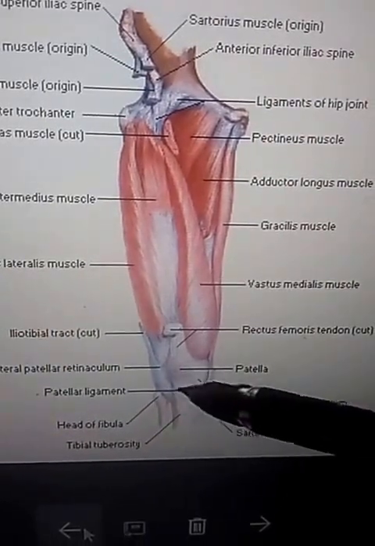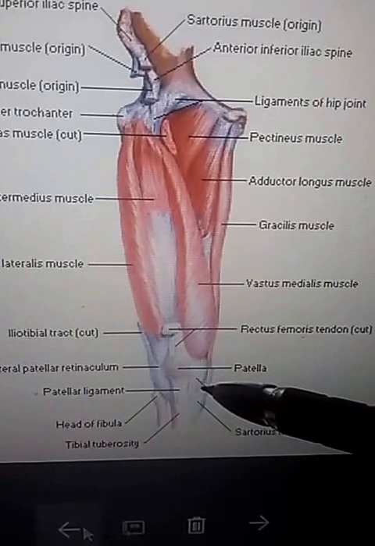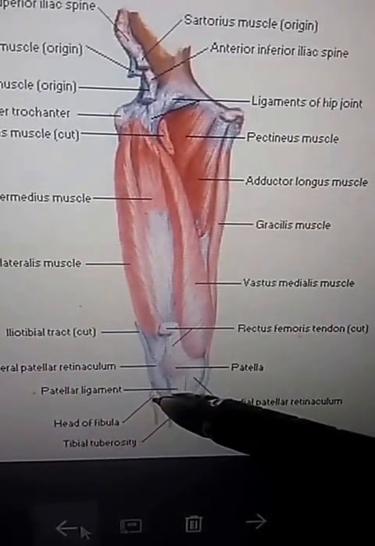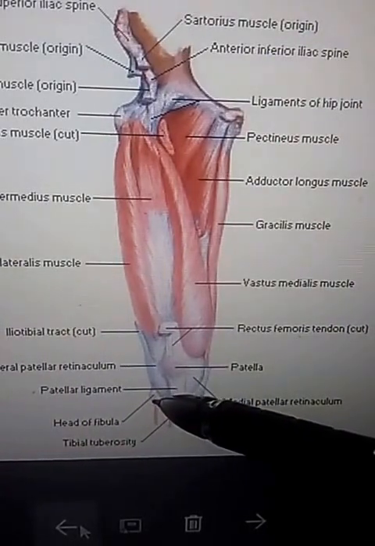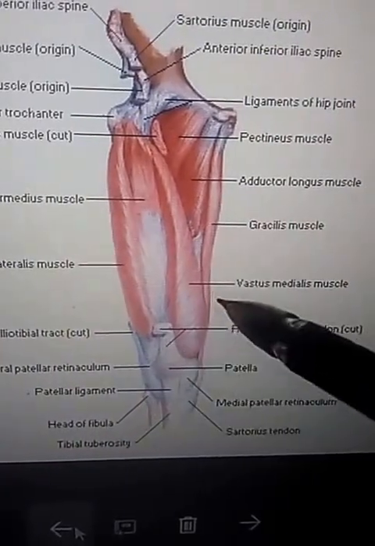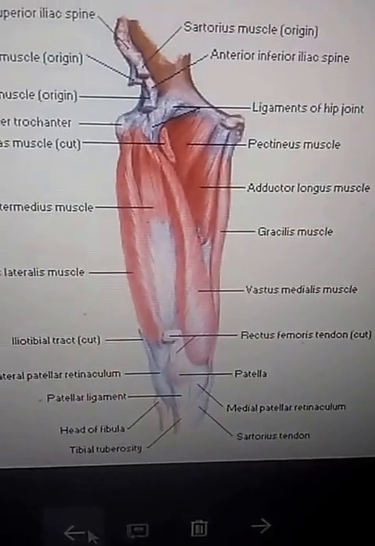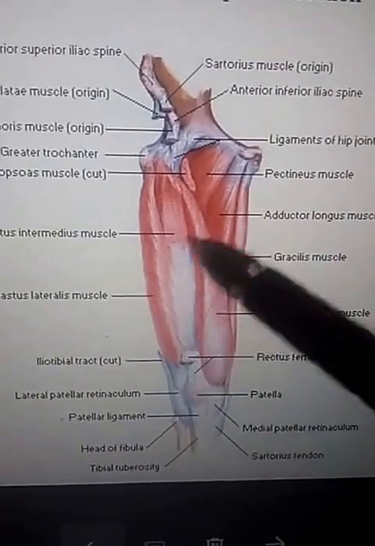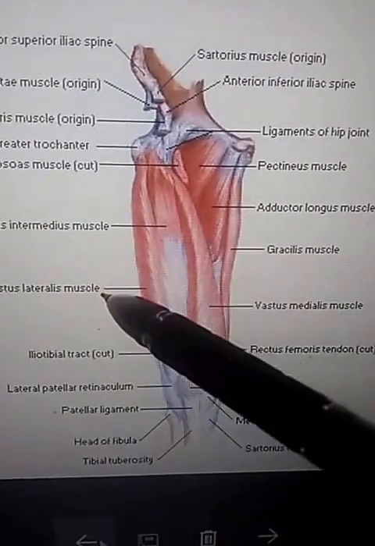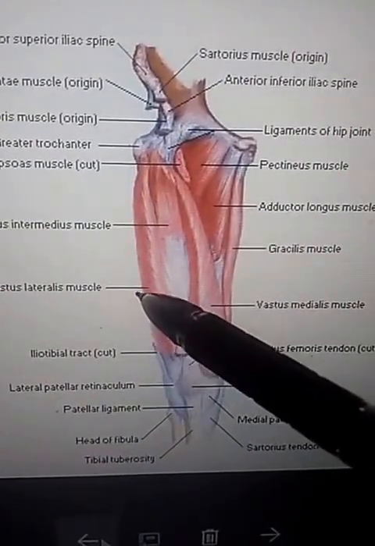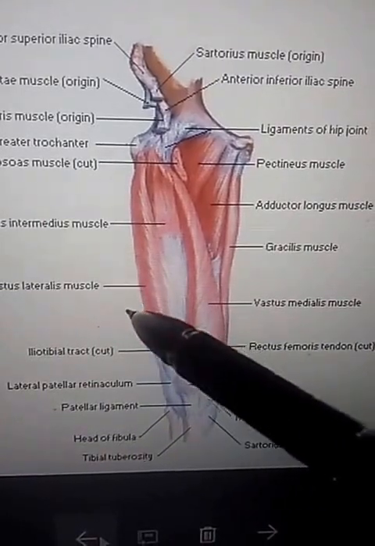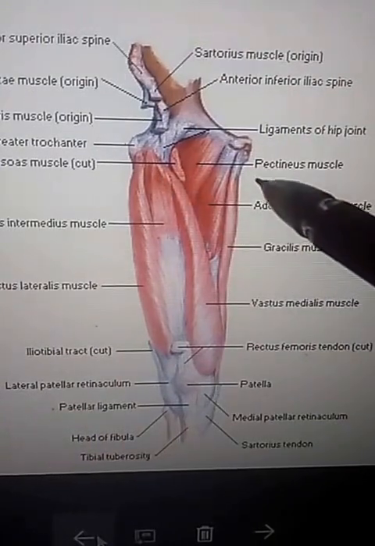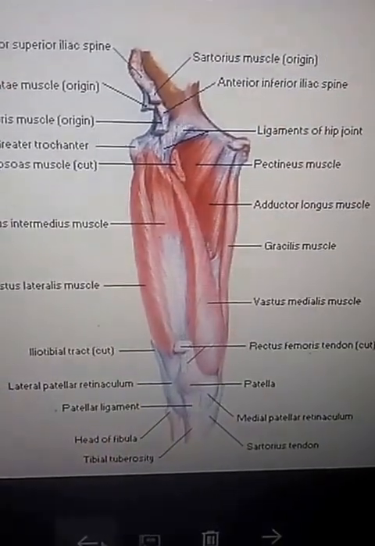Most of them insert into the tibia, except the biceps femoris, which inserts into the fibula. I will talk about that later, but first I am repeating that the anterior muscles of thigh are sartorius and quadriceps femoris, including three vasti and rectus femoris. Apart from that, we sometimes include iliacus and psoas major also.